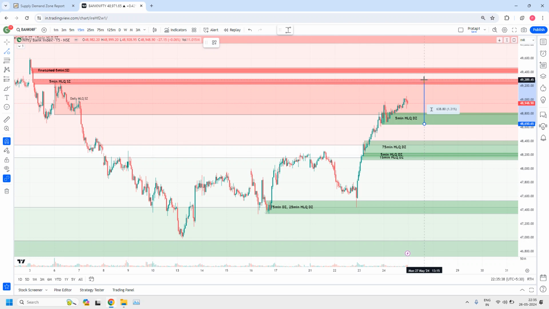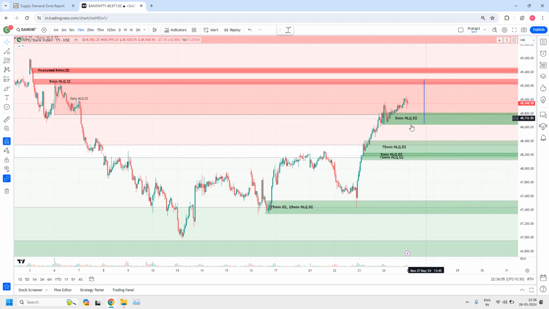This is the D to D range. So approximately a 640 points range is there, distal line to distal line. But the trading range, you may definitely get a 500 points trading range from here to here.